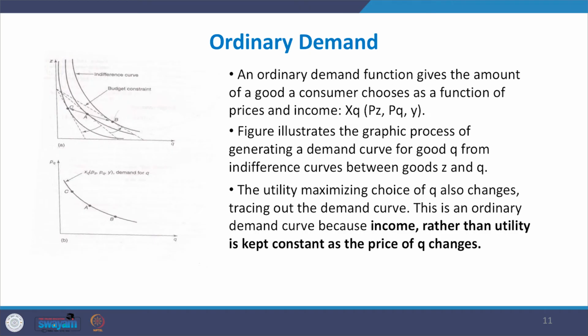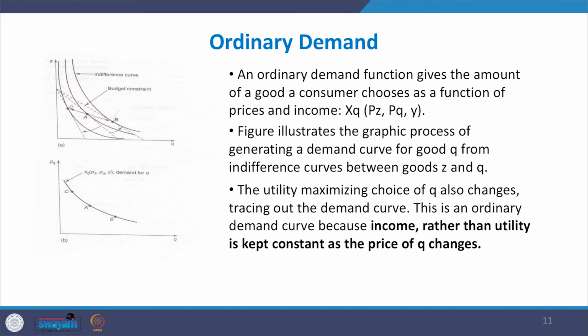Now, with these different points, you can draw the demand curve for the Q product, and the graph below shows the demand curve for the Q product. On the vertical axis the price of Q is taken and on the horizontal axis the quantity of Q is taken.